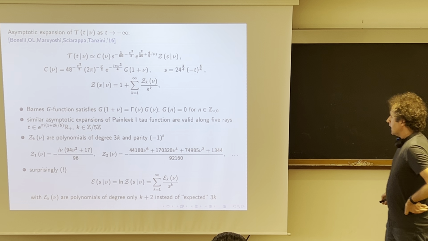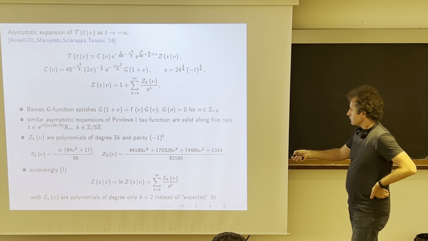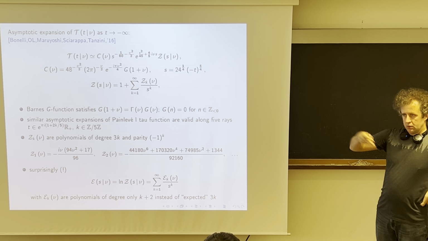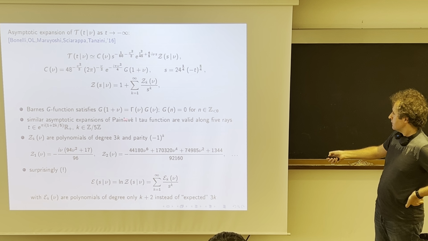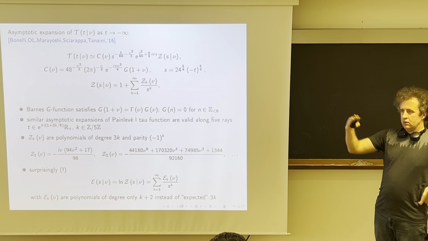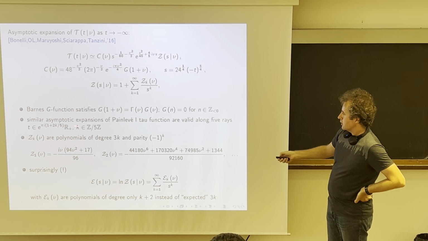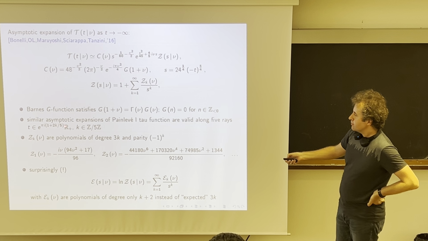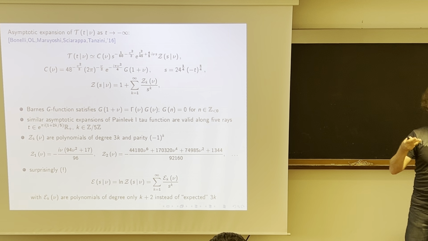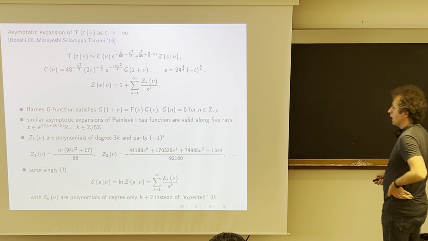Okay, and for the tau function itself, a similar asymptotic expansion holds along any of these 5 rays in the complex T plane. This is related to the discrete Z5 symmetry of Painlevé 1.